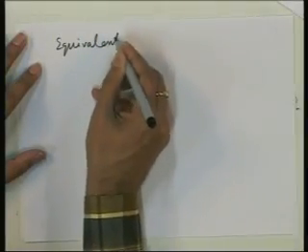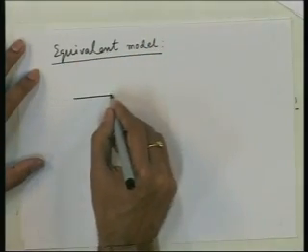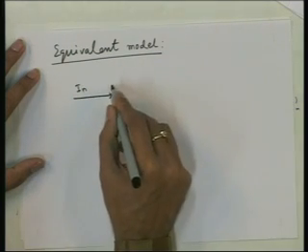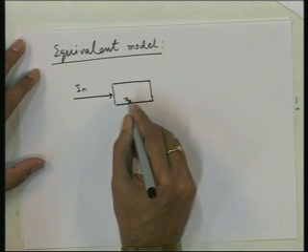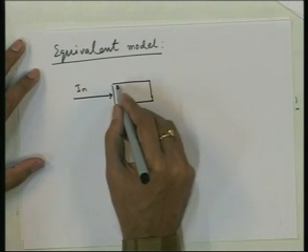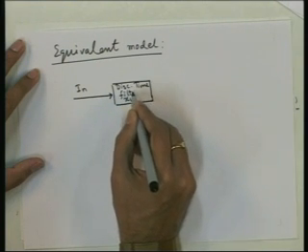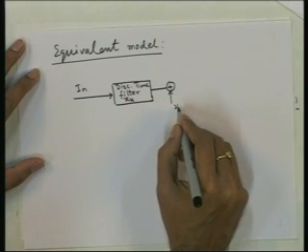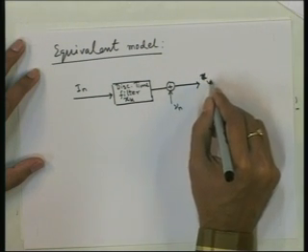And so, the equivalent model of the system becomes I n, and there is a discrete time filter with impulse response x k, and there is some noise, discrete noise. And here we have y k.